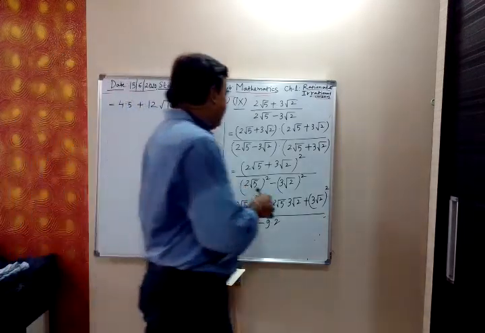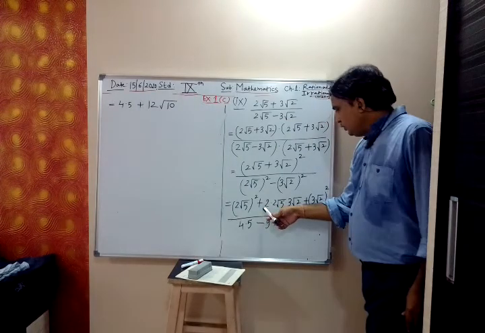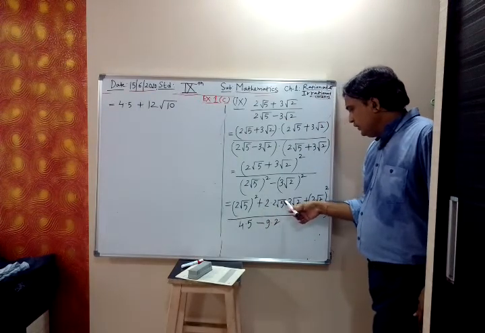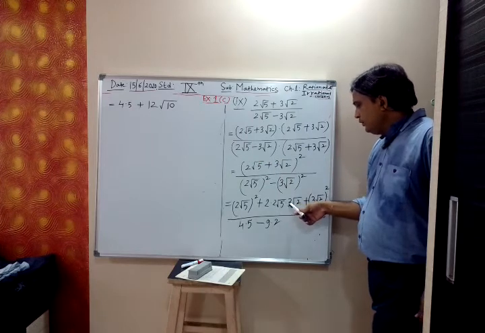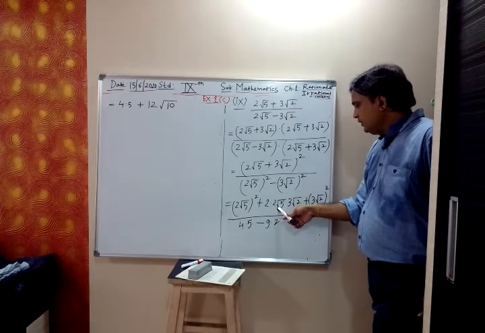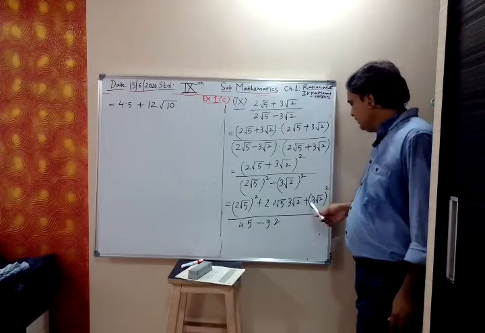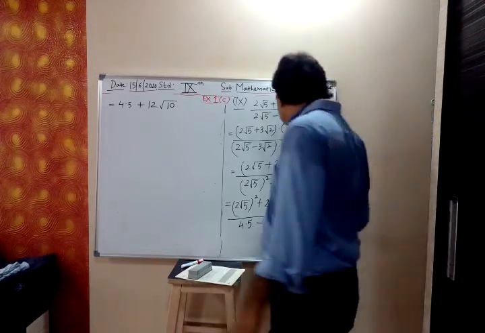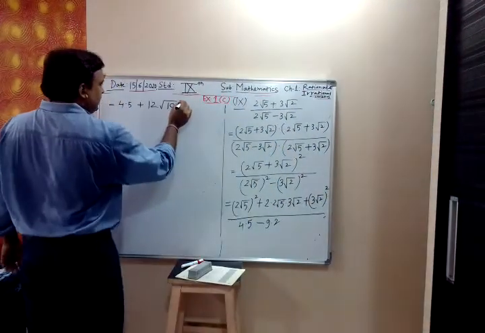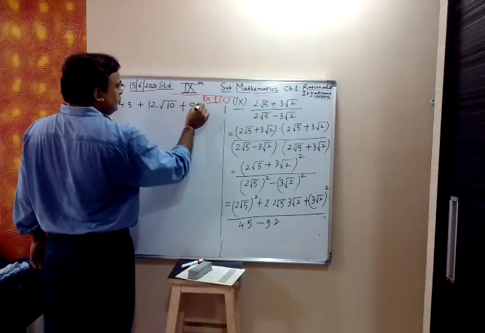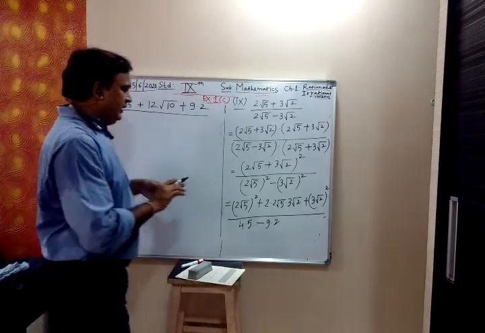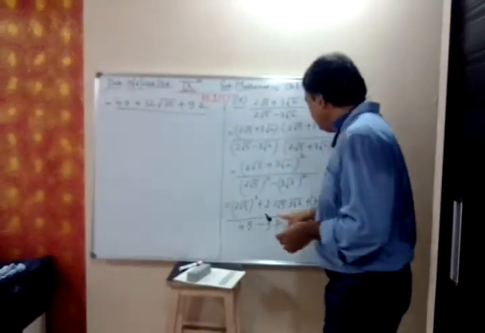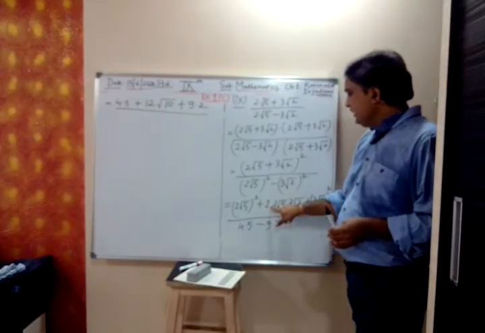In multiplication, how do the numbers take place? 2 into 2, 4, into 3, 12. Then root 5 into root 2 will be root common, 5 into 2, 10, plus 3 root 2 square will be 3 square, 9, plus root 2 square is 2. See, there it is multiplication.